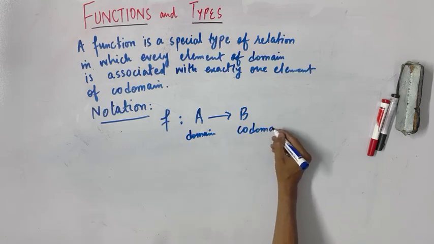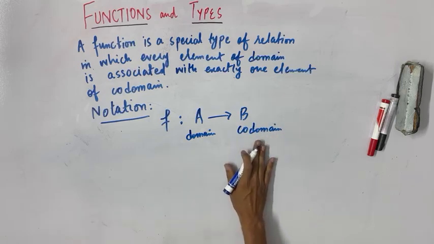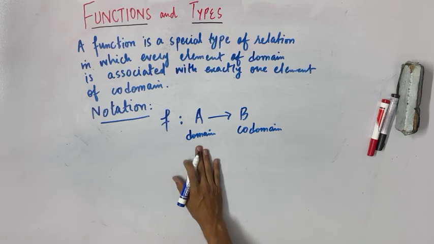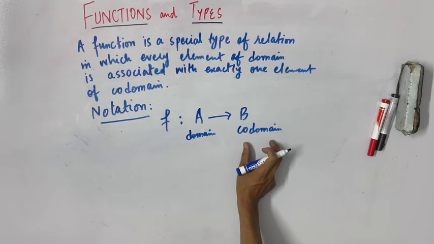It is not necessary that every element of codomain will be linked with the domain. There could be some elements of codomain which will not be linked with the domain.